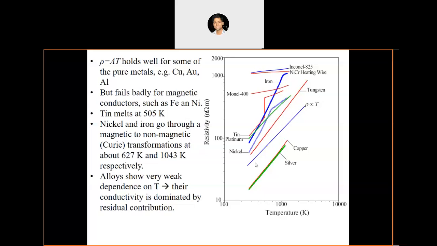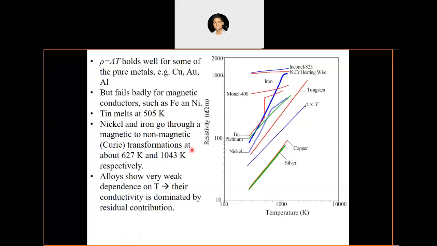So most of these lines for pure metals, silver, copper, tin also to a large extent, I will explain the deviations in a bit. But for pure metals like silver, copper and tungsten, this relationship, rho is equal to AT, is very well followed. For copper, gold and aluminium, all these metals, this relationship is followed very well. We don't see much deviation there.